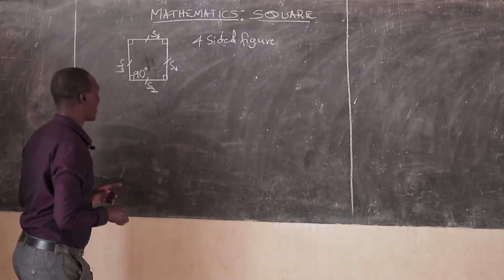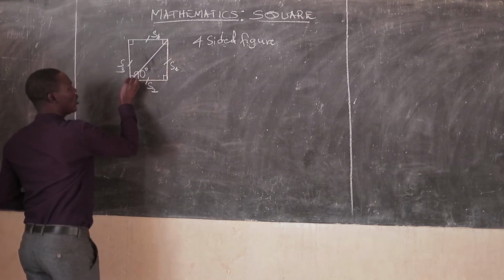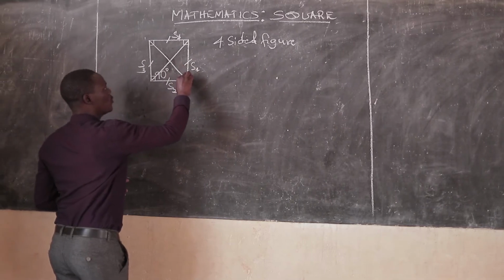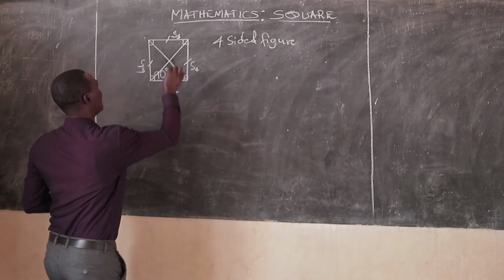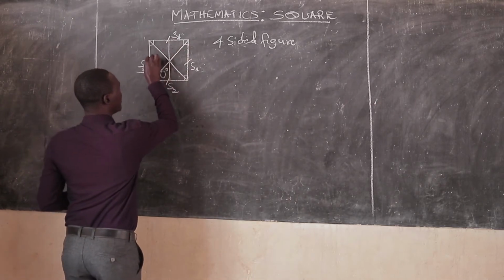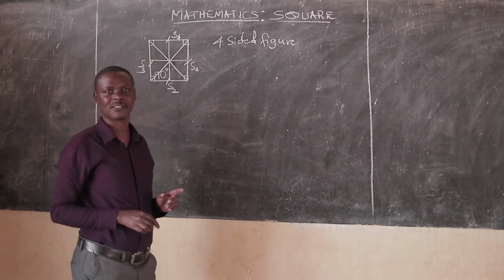Again, a square must have two equal diagonals, and two perpendicular equal medians.